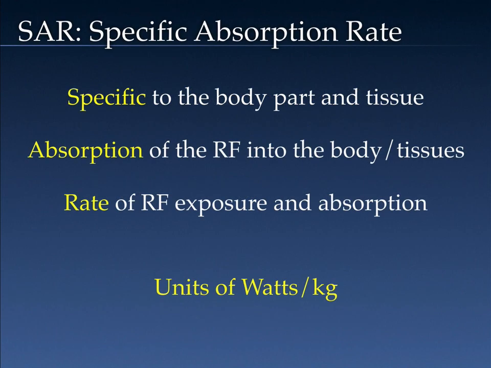SAR stands for specific absorption rate. It's specific to the body part and the tissue. It's related to the absorption of the RF into the body and the tissues. It is a reflection of the rate at which RF energy is absorbed by the body, by the tissues, and it's in units of watts per kilogram.